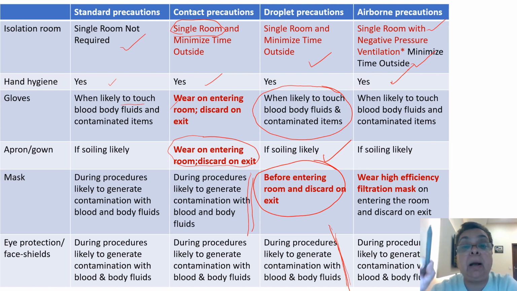A special high efficiency filtration mask like N95, which is to be worn on entering the room and discarded on exit from the room. Lastly, eye protection and face shield to be worn during procedures likely to generate contamination with blood and body fluids.